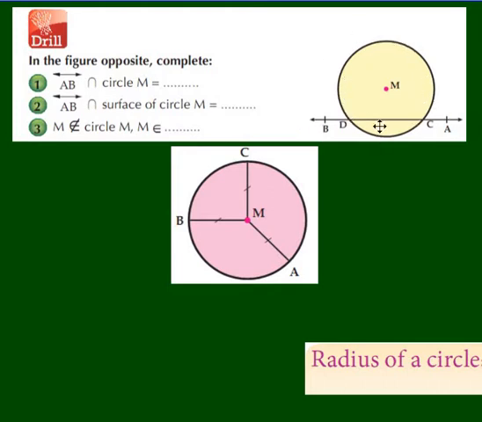Then straight line AB intersect circle M at 2 points, point C and point D. We can write it inside 2 brackets of the set: point C and point D.